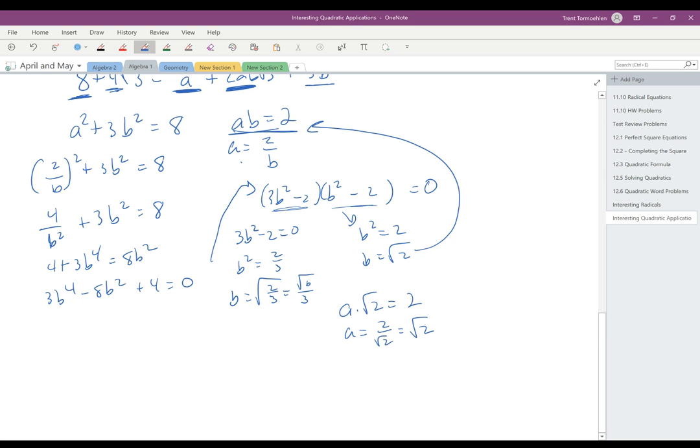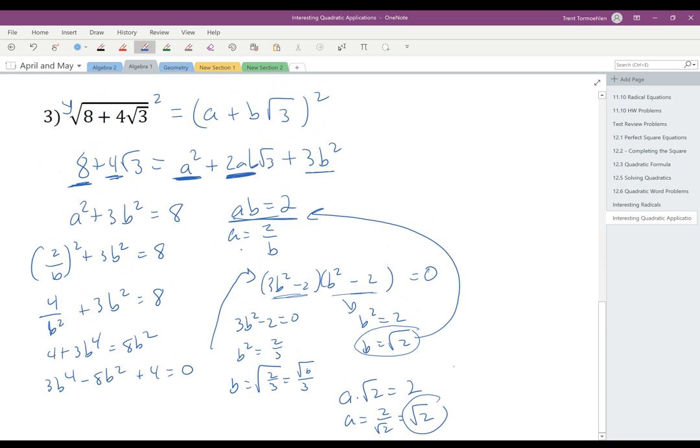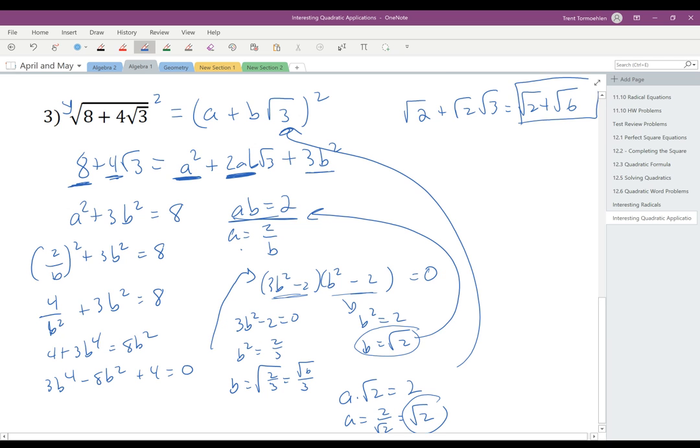So if a equals square root of 2, then b has to equal square root of 2. And so just to get us an initial answer, that means you get square root of 2 plus square root of 2 times square root of 3, which gives you square root of 2 plus square root of 6. We'll come back to that in a second, but that is going to be a solution for us.